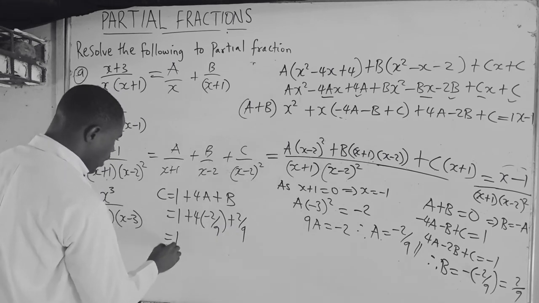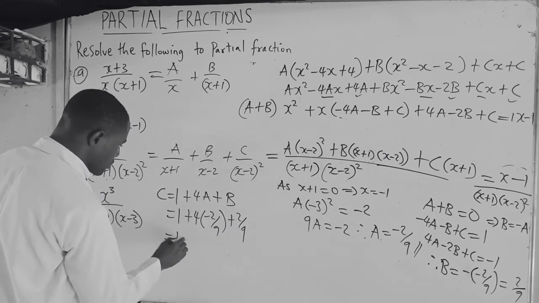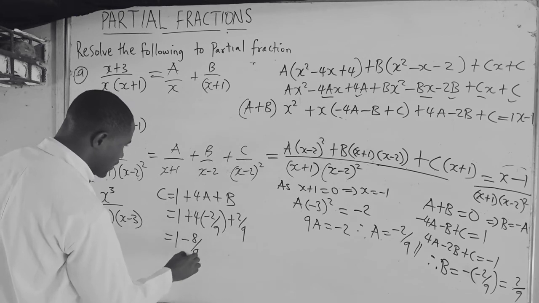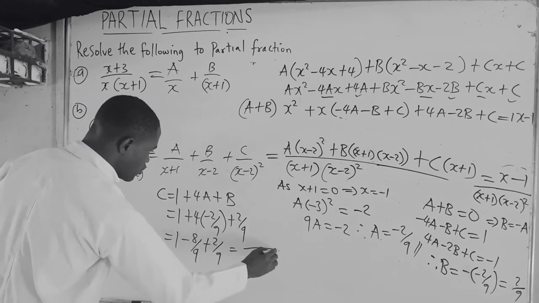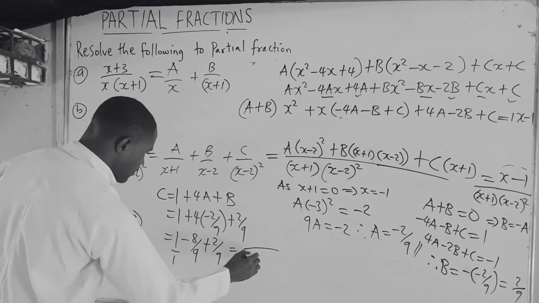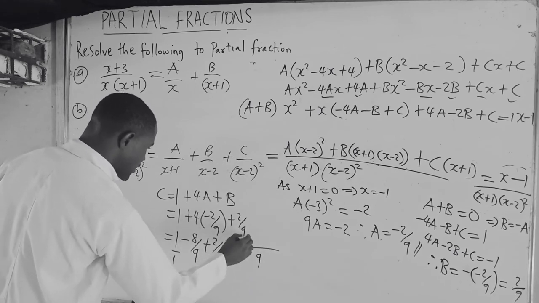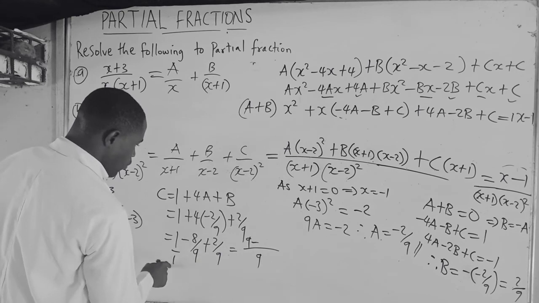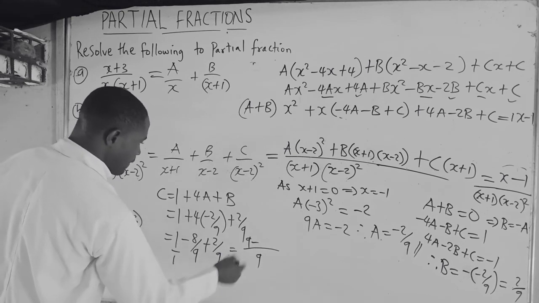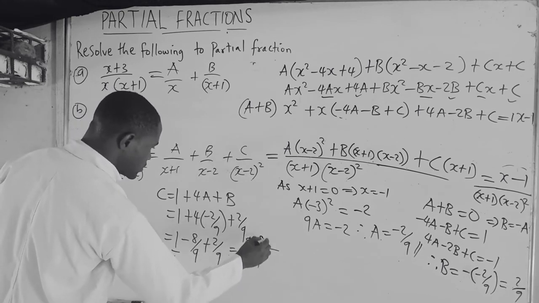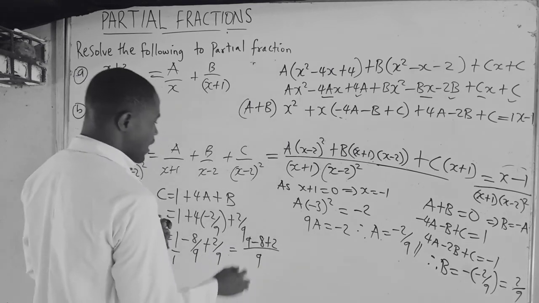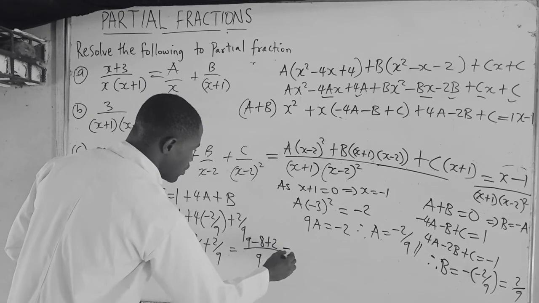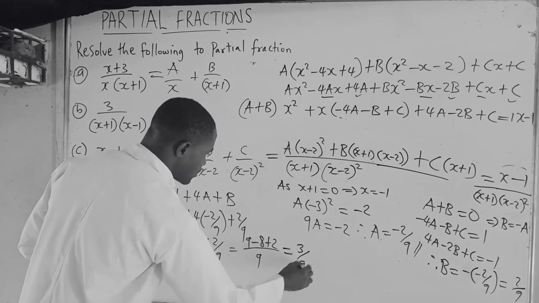So that is 1 plus 4 bracket minus 2 over 9 plus 2 over 9. That is equal to 1 minus 8 over 9 plus 2 over 9. So it will be giving you LCM 9. That is 9 minus 8 plus 2, all divided by 9. 9 plus 2, 11. 11 minus 8 will be giving me 3 over 9.